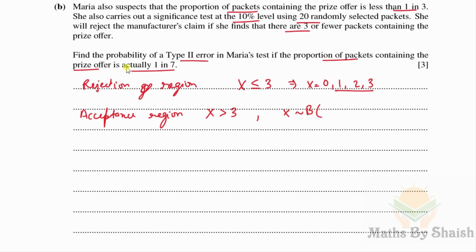But now the new alternate, like we are going to commit the type 2 error. For the type 2 error, we are going to reject the H0 even if it is true. So in the acceptance region, H0 is true. It means in the acceptance region p was 1 over 3, but we are rejecting it and we are taking p as 1 over 7, which is given.